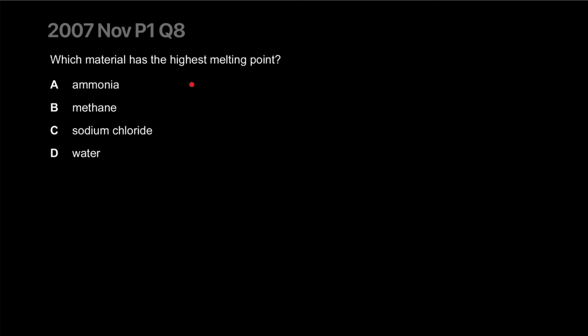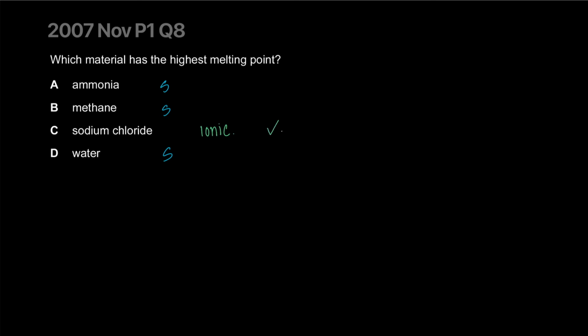Which material has the highest melting point? Ammonia, methane, sodium chloride, water. So out of this, you have simple covalent structures, and you have an ionic substance, which is going to have the highest melting point.